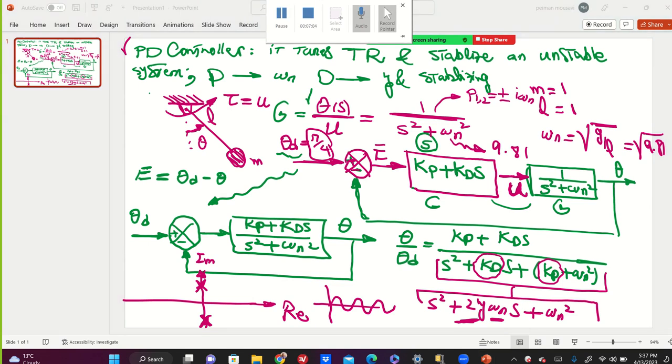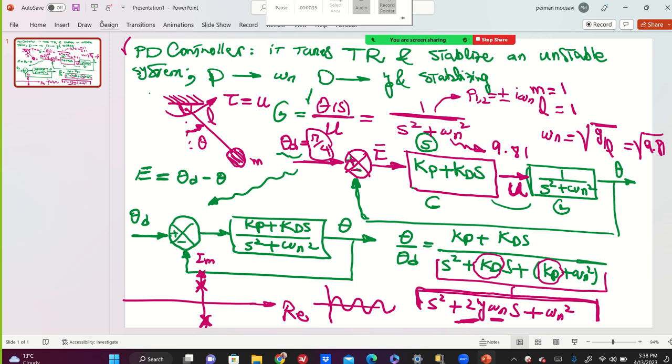Good. So now by adding the D controller, meaning damping, we are promising the system, based on the second order system analysis that I did in this class, that after this I'm going to have an underdamped system, critically damped system, or overdamped system. That means I'm going to have a pair of complex conjugate poles, or repeated real poles, or distinct real poles, not imaginary poles.